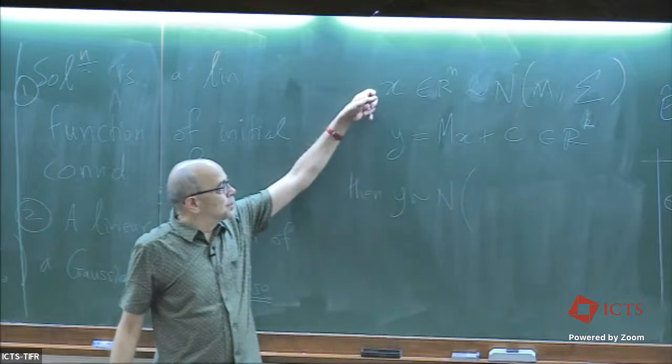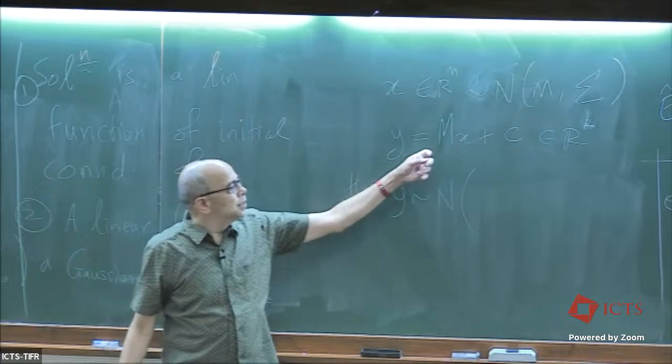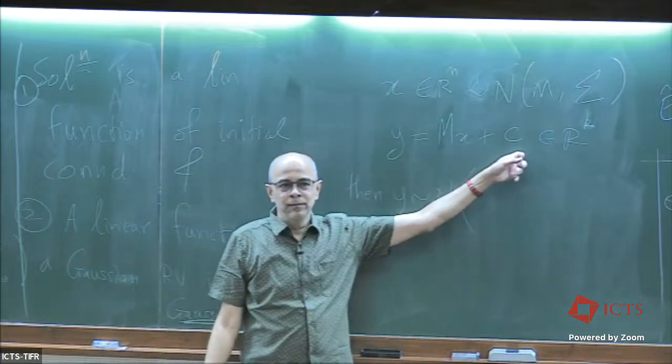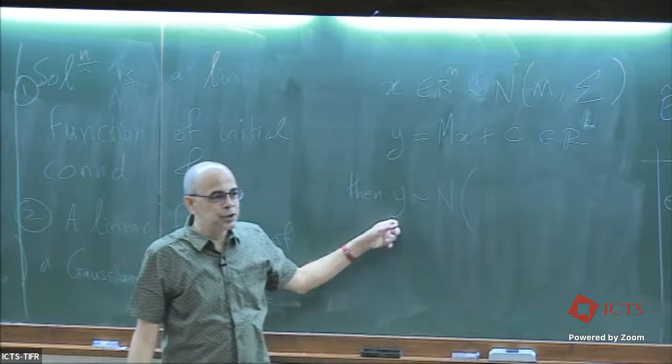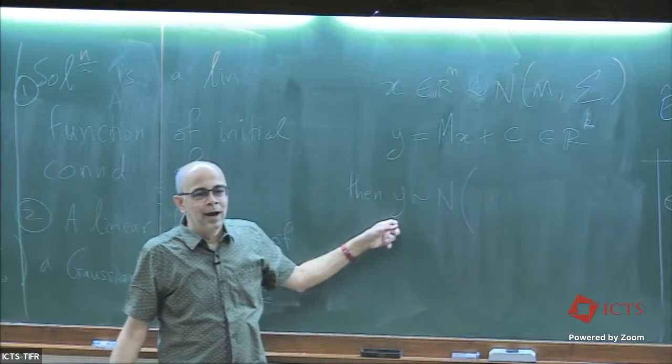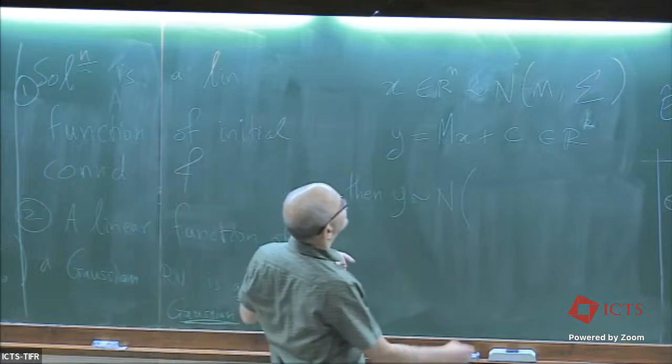If x is Gaussian, and y is just a linear function of x, then y is also Gaussian, and the mean and the covariance are as follows.